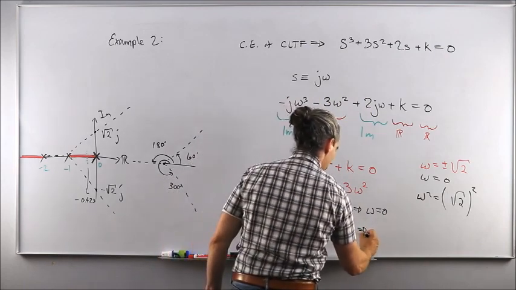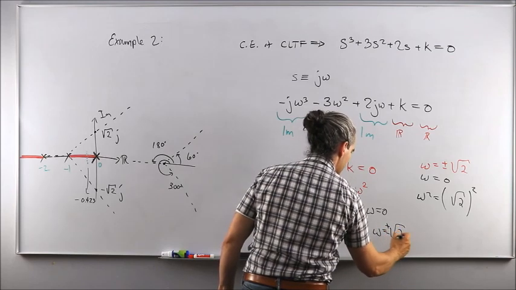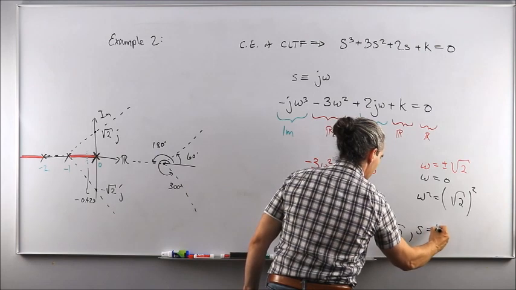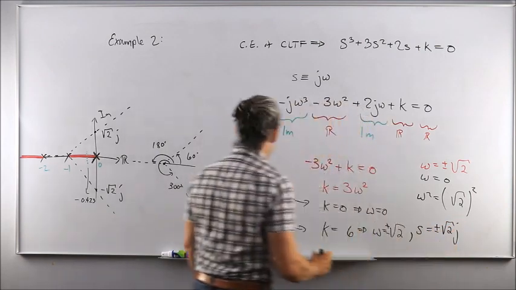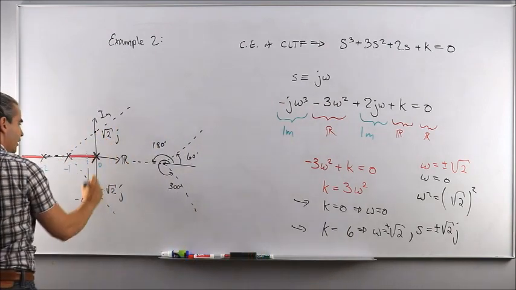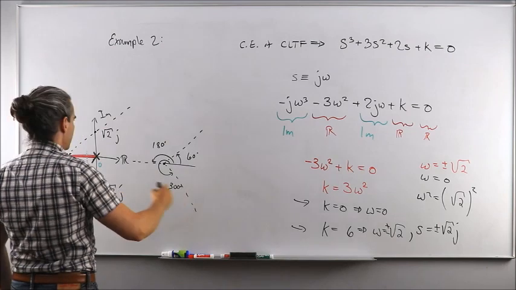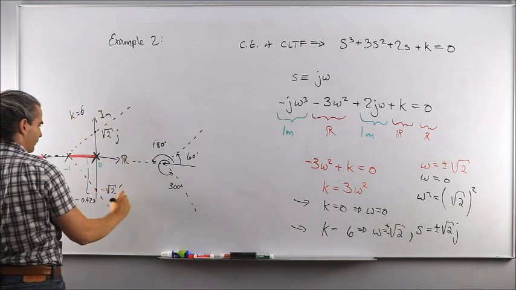And that would be at omega equals plus minus square root of 2, or alternatively, whenever s is equal to plus minus square root of 2j. So at those two crossing points, plus minus square root of 2j, this is whenever k is equal to 6.